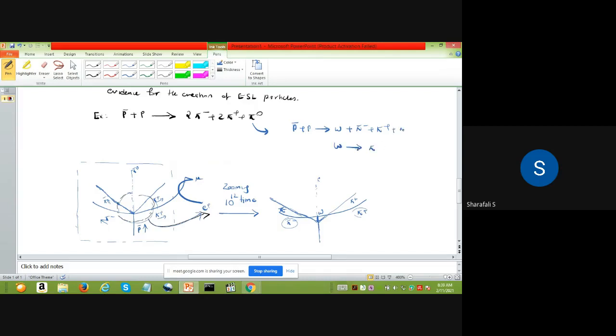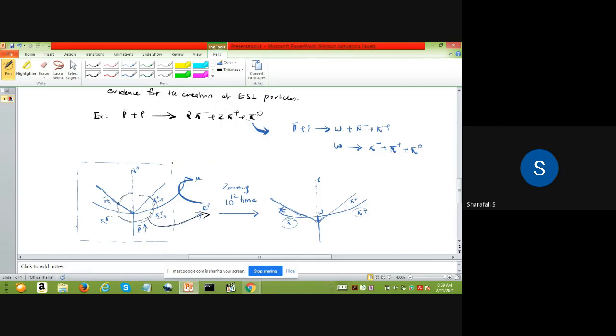Sorry, this one is not pi 0; this is only pi plus and pi minus. And then this omega decays into another pi minus, pi plus and pi 0. So this omega decays into pi plus, pi minus and pi 0. This is what is happening in this reaction.